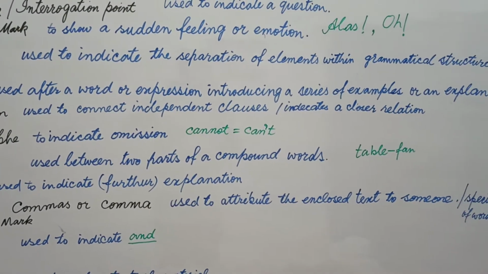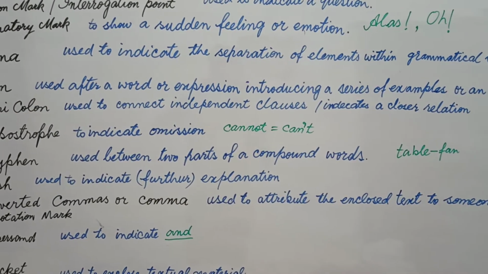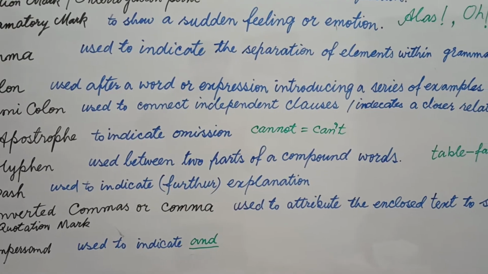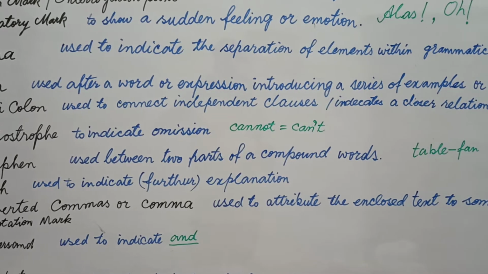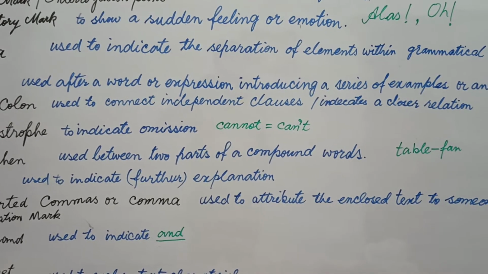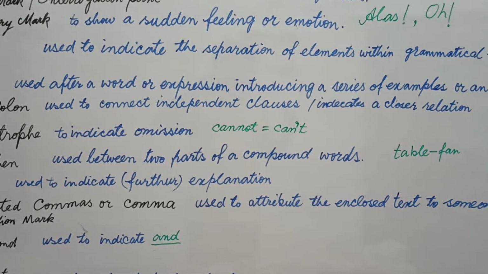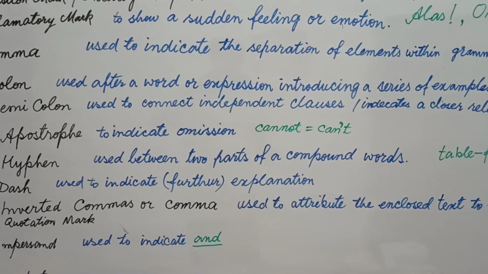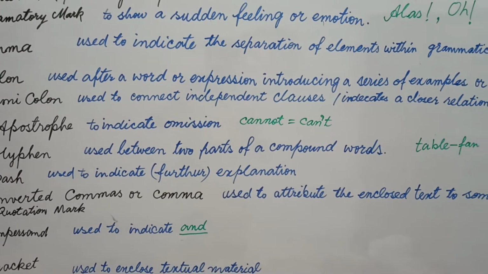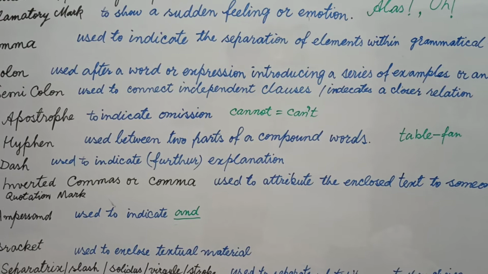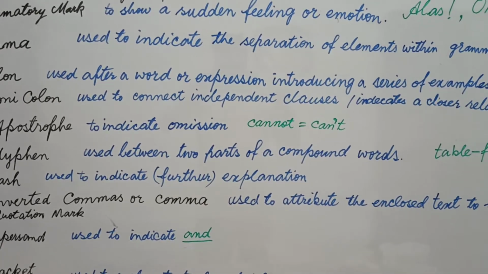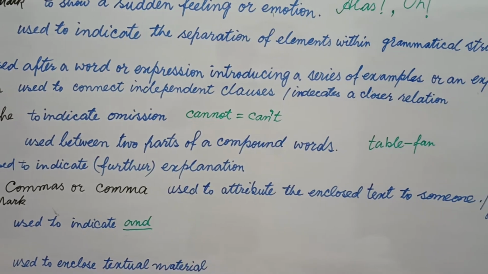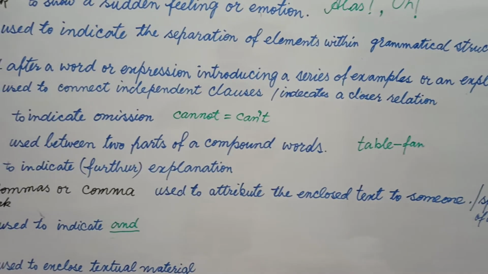Suppose students, you are telling something, you have finished your sentence but actually that sentence isn't finished and you are going to connect some other part. Now you say: He came; started his work; when he came he started his business; he earned a lot of money.